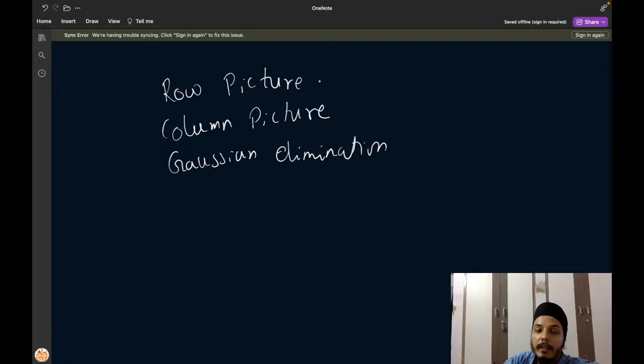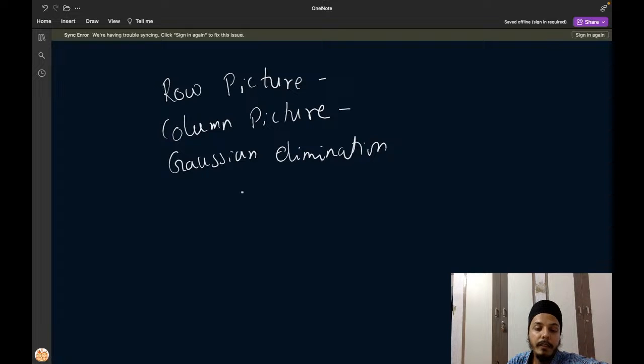In our row picture, we drew all the three planes, and then we found that the intersection of these planes will give us a point, and that will be our solution. In column picture, we saw that the linear combination of these vectors need to produce our solution. In the Gaussian elimination part, we saw that we need to remove the variables using forward elimination, and then using back substitution we will solve the set of equations.